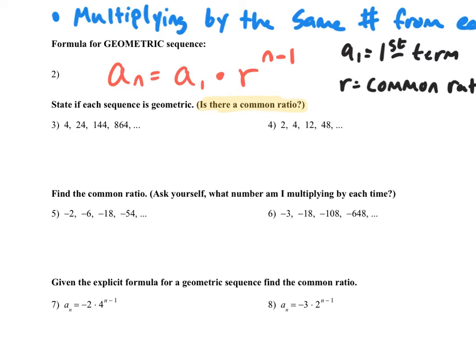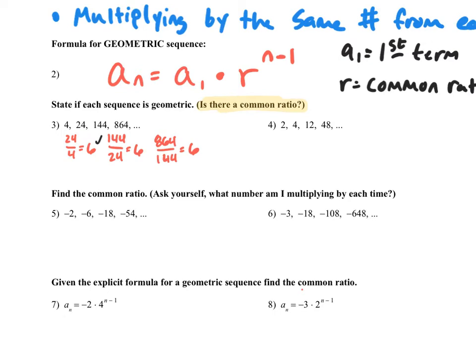So what I mean here in this first example, if I went 24 divided by 4, I would get 6. Well, then that means 6 should be my answer for every other one I divide. So then I would go 144 divided by 24, and guess what you get? 6. And then you would go 864 divided by 144, and guess what you get? 6.